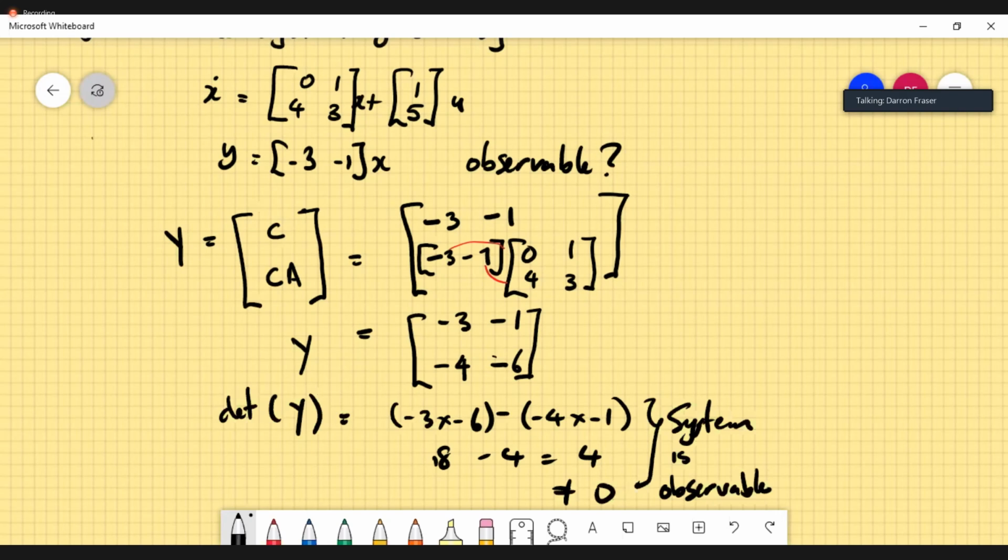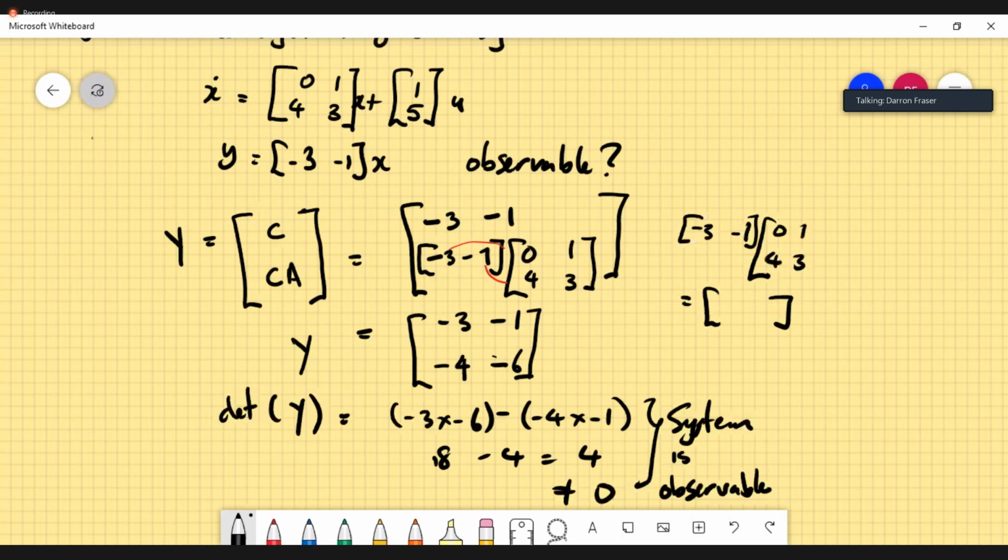Oh, you're right. So this is C, which is -3, -1, and then CA, which is -3, -1, times 0, 1, 4, 3.